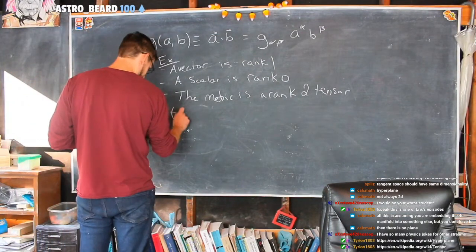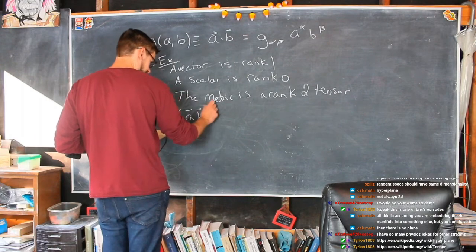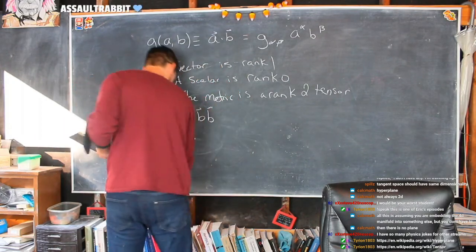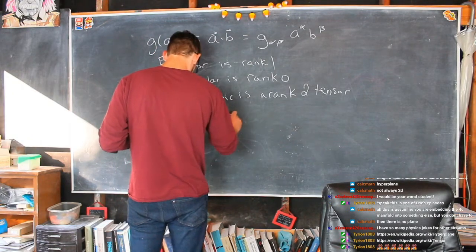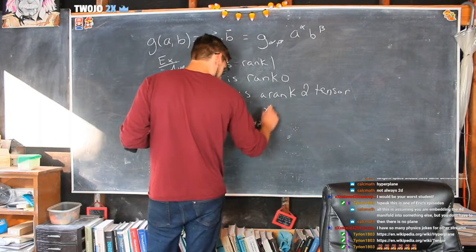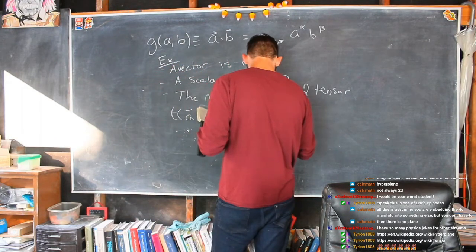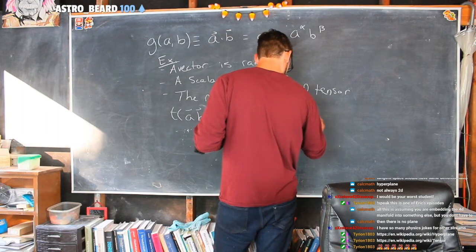We can write some T, A, B, C, where these are all vectors. Oops, I wrote BB. And that could equal T alpha beta gamma times A alpha B beta C gamma.